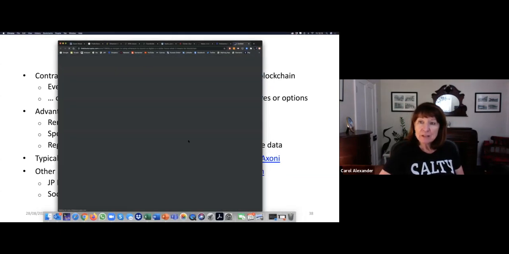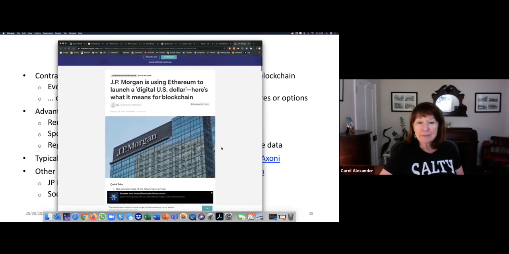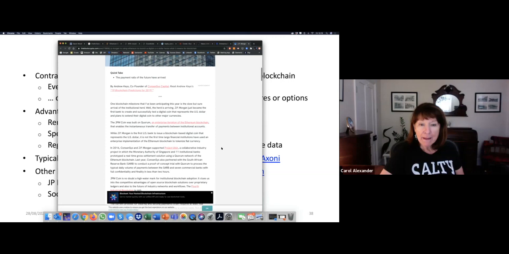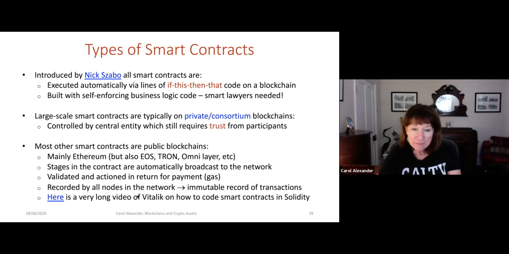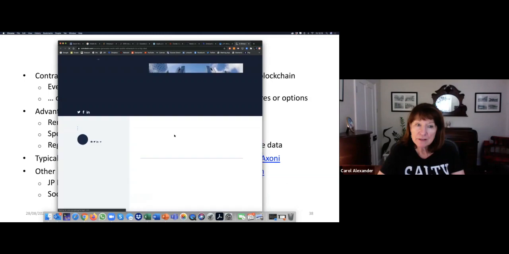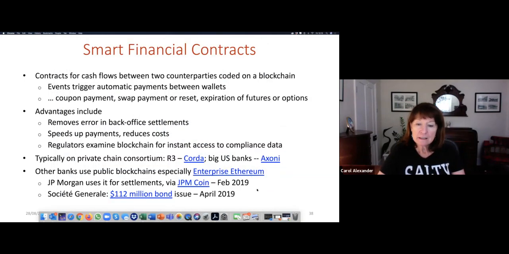Well, there'll be a Goldman Sachs coin, and yeah, so JPM coin, and Societe Generale issued a very large bond on Ethereum. So all these are very recent things.